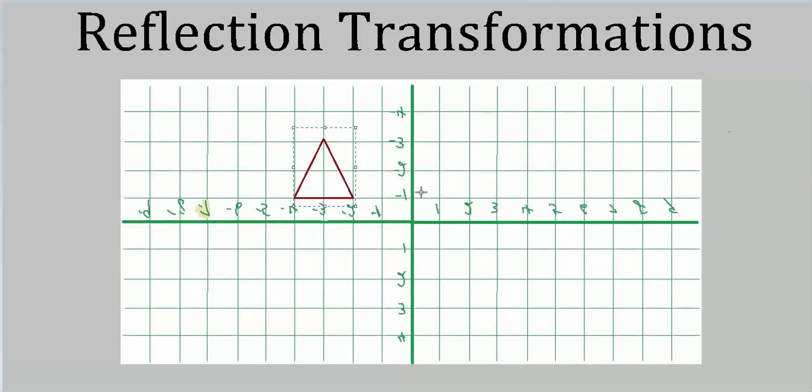Here's -1, -2, 3, and 4. X coordinates are all still the same. They're upside down, but you can see that we still have the positive numbers here and the negative numbers here. So our new coordinates for this one are -2, -1, -4, -1, and -3, -3.